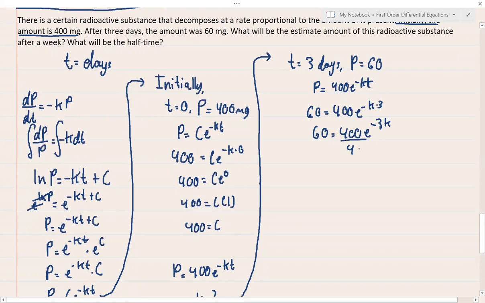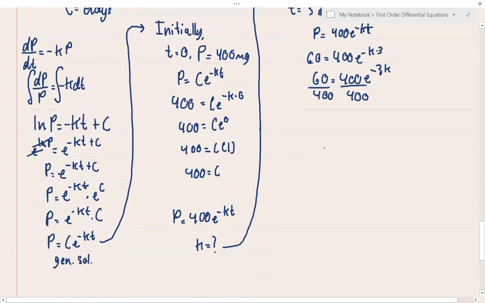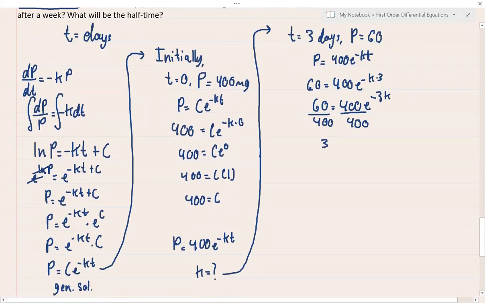Now, we will divide both sides by 400. I think this would be 3 over 20. Kasi simplify ko siya slowly, 60 all over 400. Both of these terms are divisible by 10, so kung i-divide ko ng 10, this is 6 all over 40.